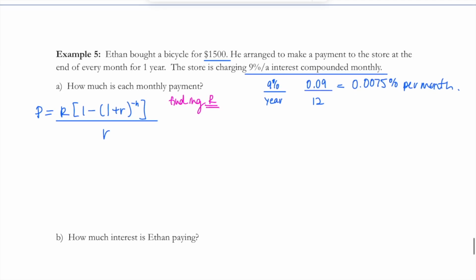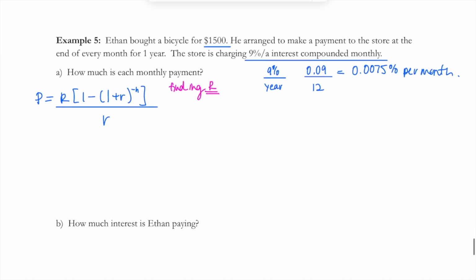Okay, so he wants the bike now. It's basically financing. Okay, so in the end, we know that 1,500 is the cost of the bike now overall.